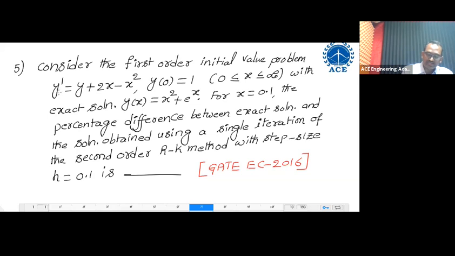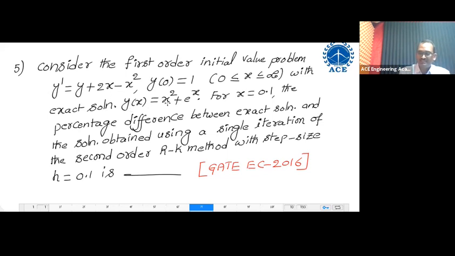When you directly find the solution of this first order differential equation, you will get y is equal to x square plus e power x. This is the exact solution. When you solve the same problem using the second order Runge-Kutta method, whatever you get, that is the approximate solution.